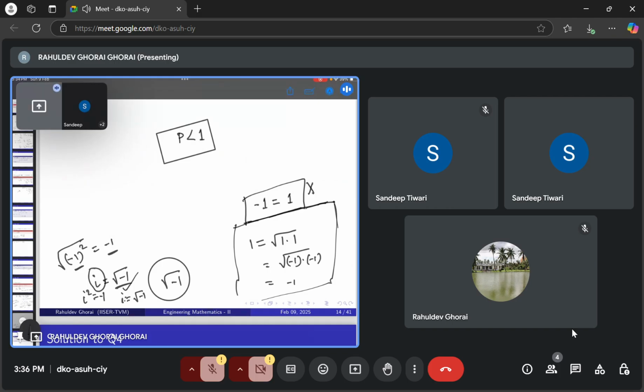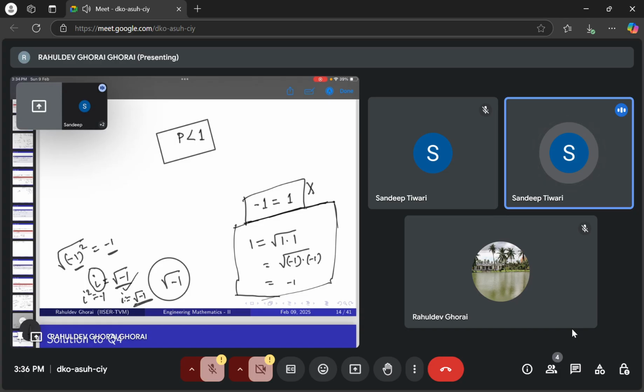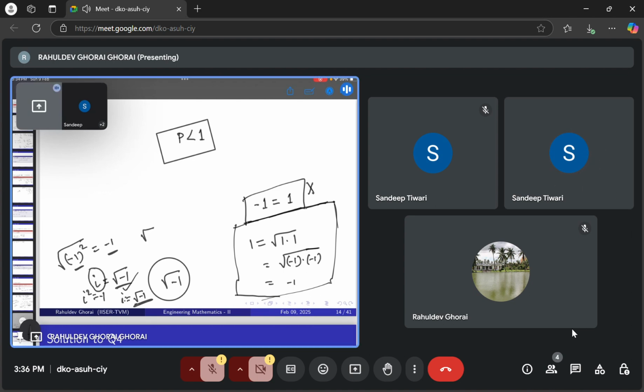But can you write the root of minus 1 times minus 1 as root minus 1 times root minus 1? That I cannot write. That's the thing. The problem is in defining the square root of minus 1.